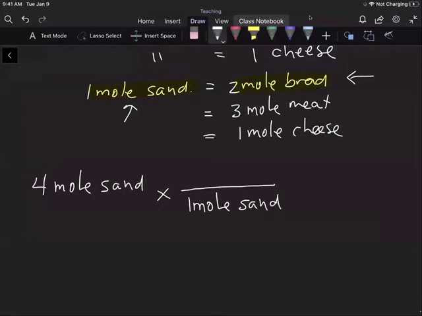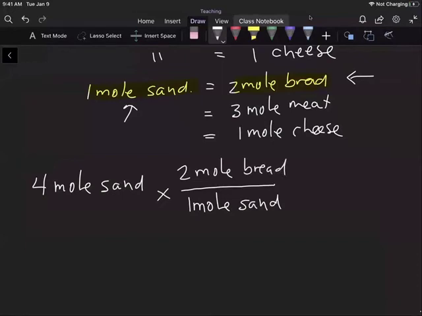Because I want to know how many moles of bread I need. So it's going to go in the denominator, just like we've been canceling things out. Whenever we want to get rid of those units, and this is a unit, we put it into the denominator. And in the numerator, it's what we're looking for. We're looking for how many slices of bread do I need? Okay, so I put 2 moles of bread.